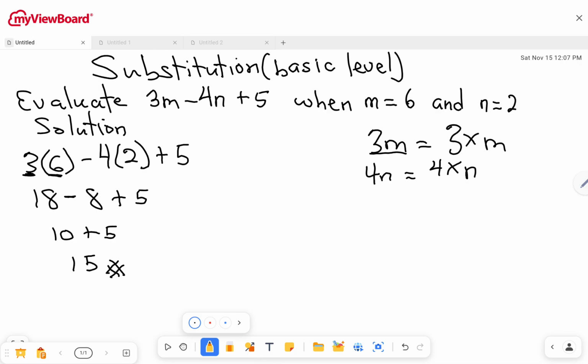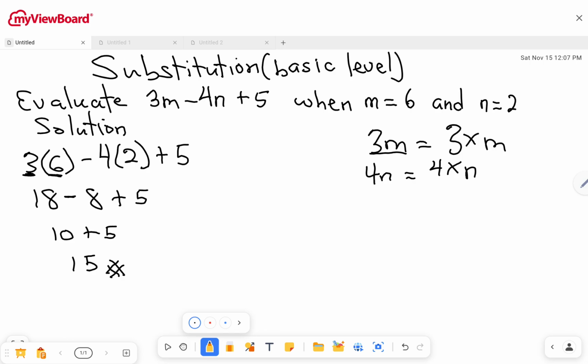So we did the basic level, which means the easy ones. And this is the question 3m minus 4n plus 5 when m is equal to 6 and n is equal to 2. So we have to replace the m and the n by 6 and 2 respectively.